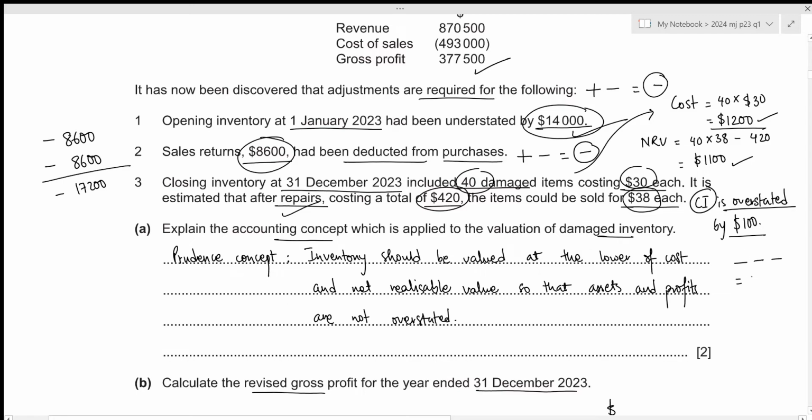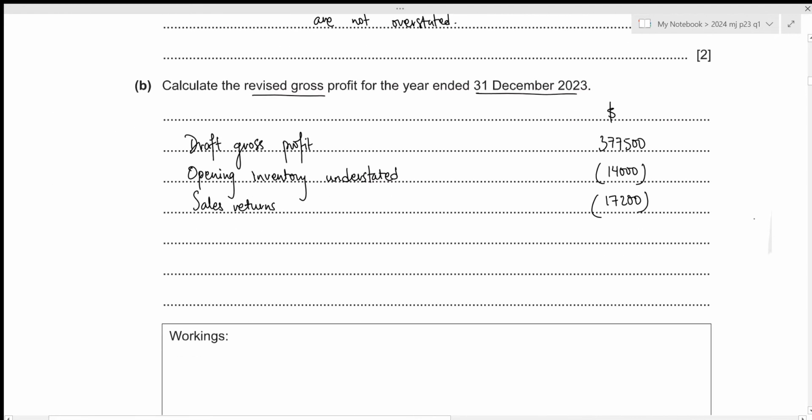So we have three negatives which will result in a negative. It means that we just need to subtract this 100 in order to correct the third error. So that will be our closing inventory overstated by 100. Now we can get our revised gross profit.